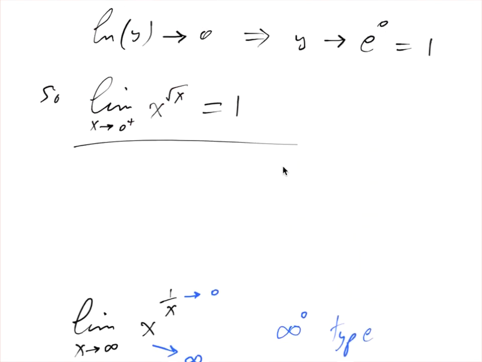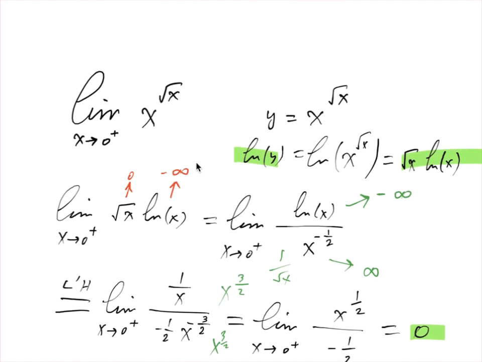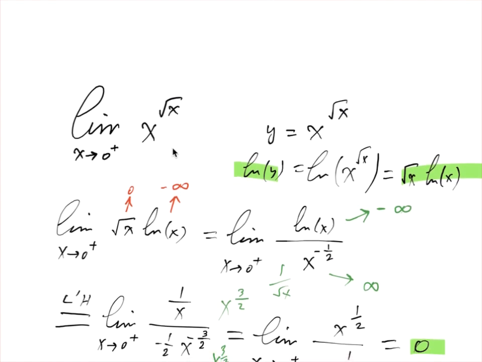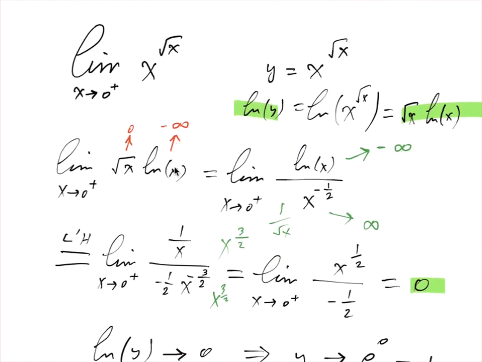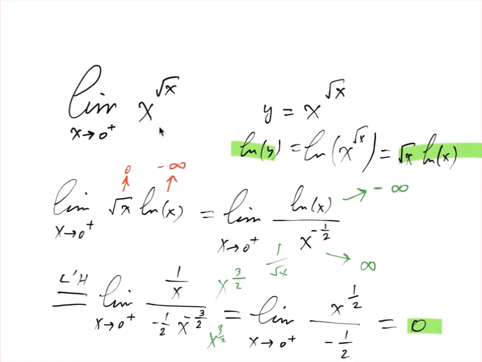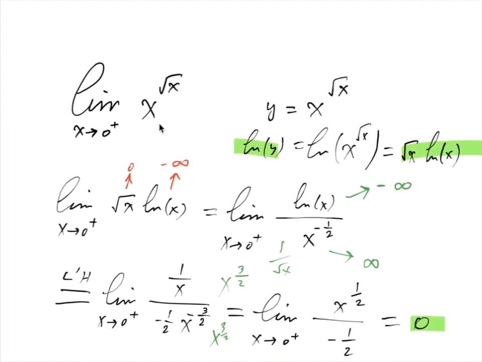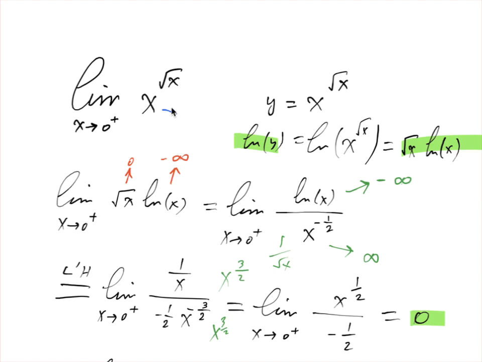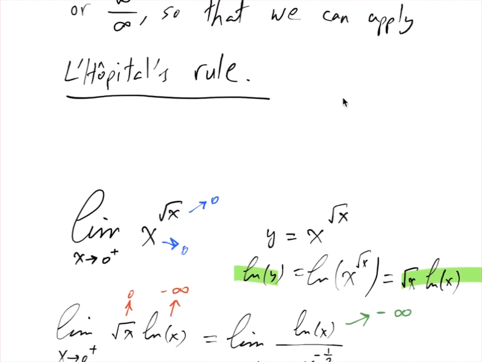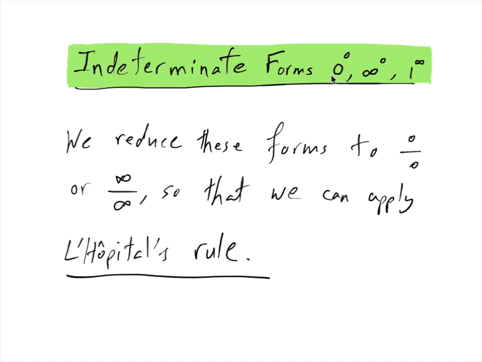So the other problem we just did was 0 to the 0 type. So here this x tends to 0 and the square root of x tends to 0. So this was 0 to the 0 type. And now the second example is infinity to 0 type.